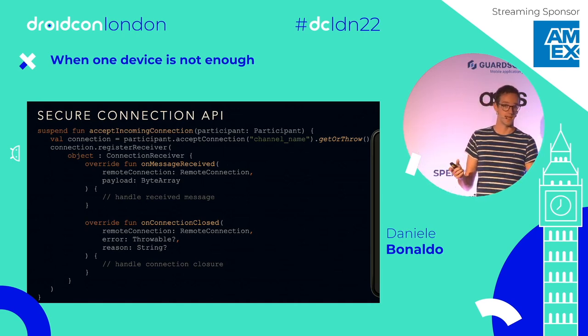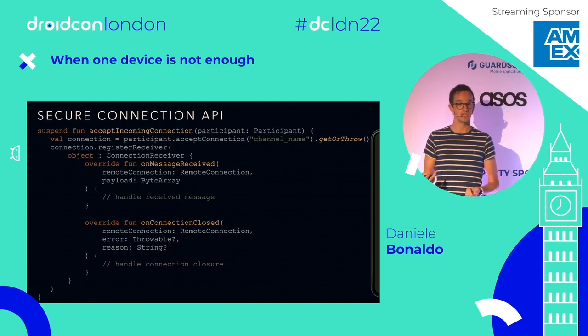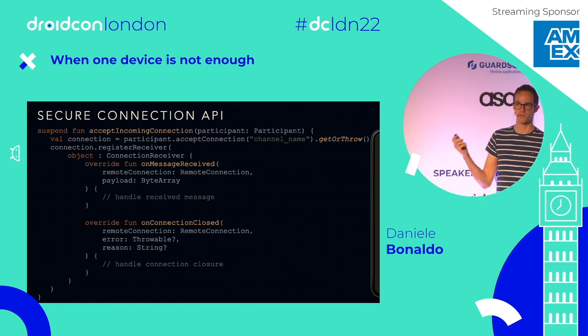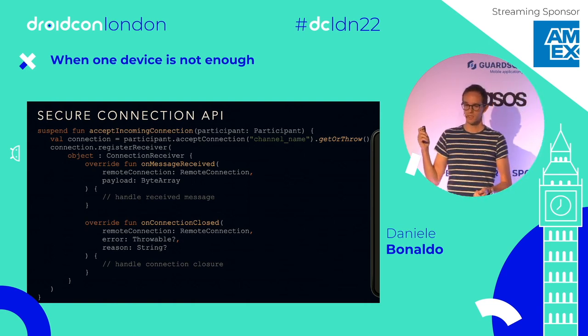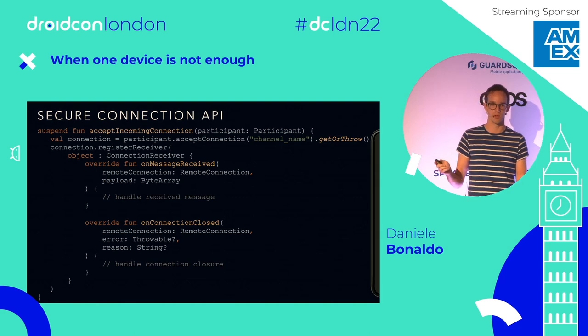This receiver, again, is going to be the same from both sides of the communication. So you're going to have two callbacks, basically. When you receive a new message, and then you see how to interpret it, or when the connection is closed, so you have to free up memory. Simple as that. Again, here, once you have this callback and you have an instance of the connection, you can simply have this bidirectional communication and you implement it whenever you want in your application.